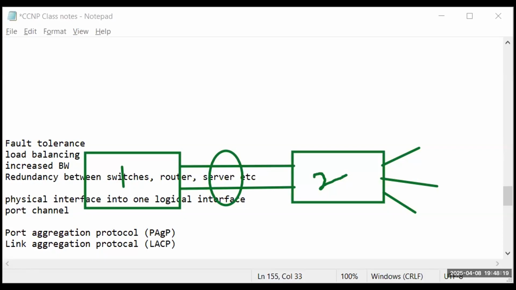Trunk ports are most commonly used for this. So for LACP, first we need to configure the port channel and group the ports, and then we are going to verify how it works. The configuration commands are as follows.